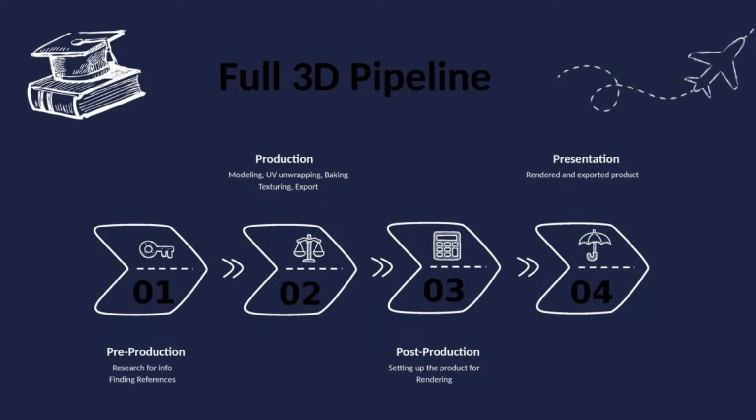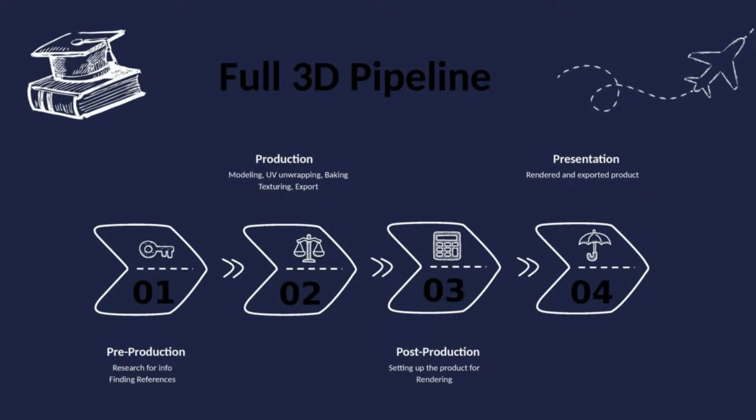After modeling your object, you'll be UV unwrapping because in a 3D pipeline, you will need to texture and to be able to render or to be able to export. After you've done your UV unwrapping, this is basically a map where you can place your textures.